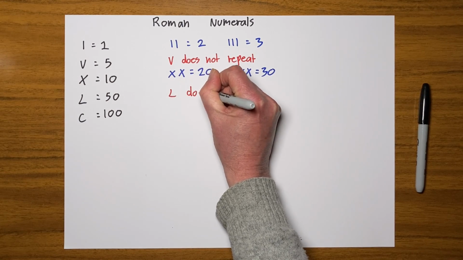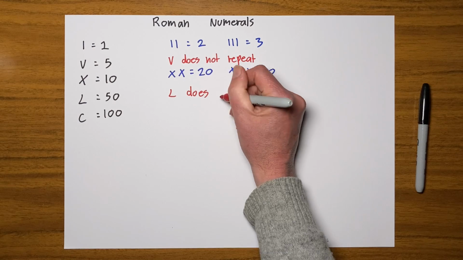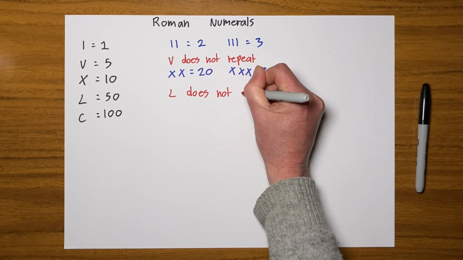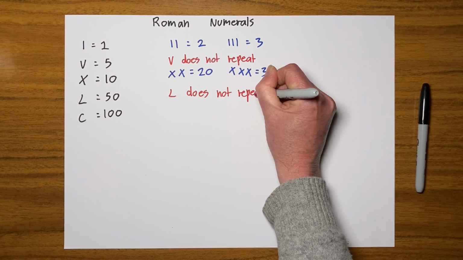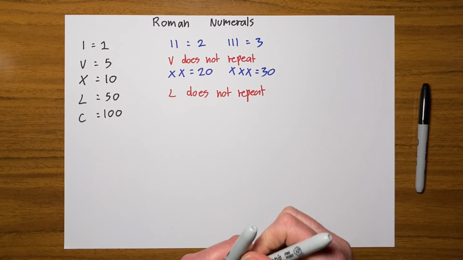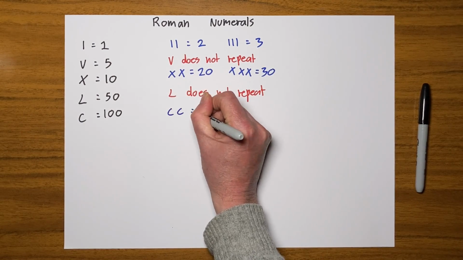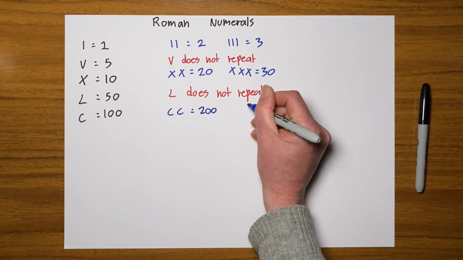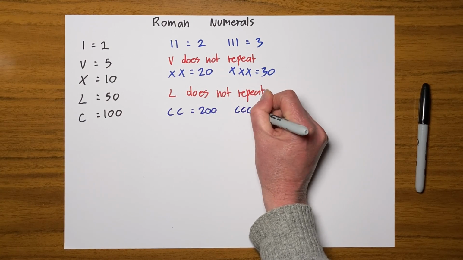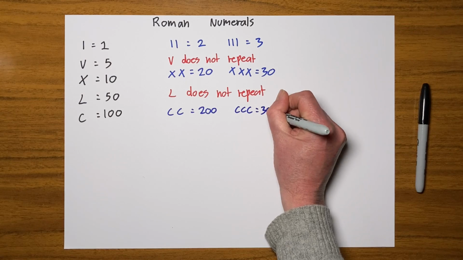And we are going to start seeing some kind of patterns here. And then C for 100, the same thing. I could have C, C equals 200, and then C, C, C would equal 300.